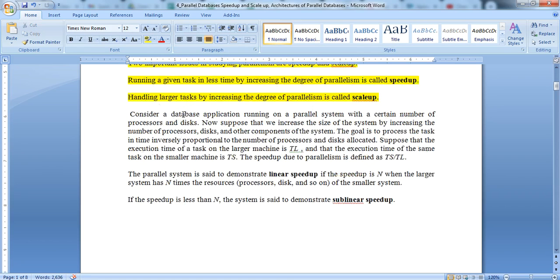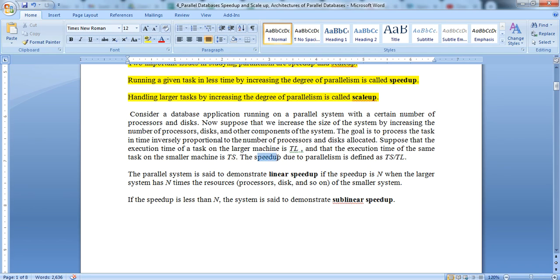We need to know some mathematics. TL is the large machine execution time, and TS is the small machine execution time.